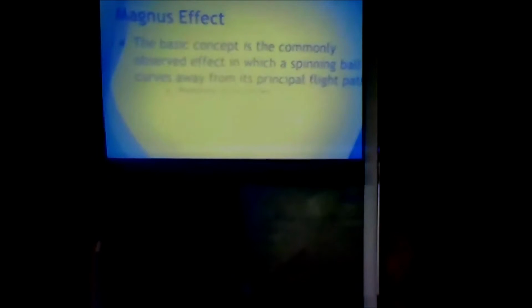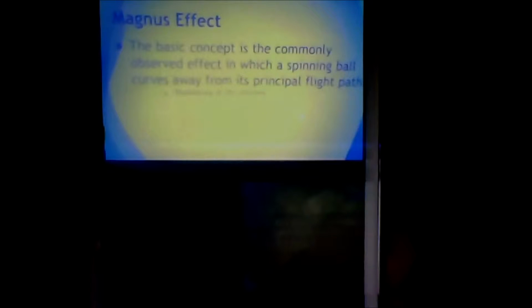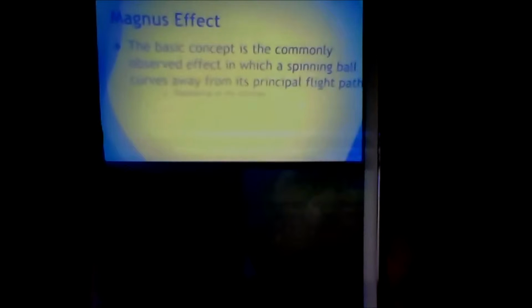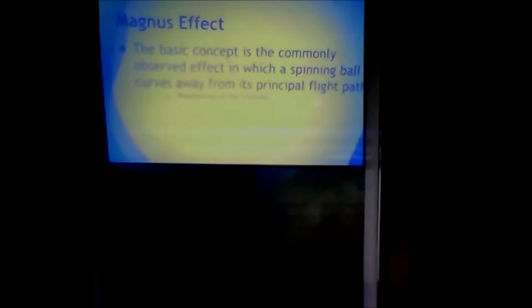Lastly, the Magnus effect. The basic concept is the commonly observed effect in which a spinning ball curves away from its principal flight path. This has to do mainly with the positioning of the stitches on the baseball. The ball will cause pressure that will be greater on one side than the opposite side because of the stitches on the ball.